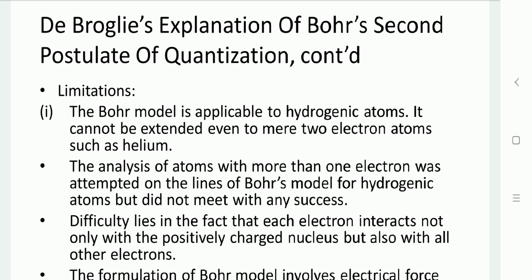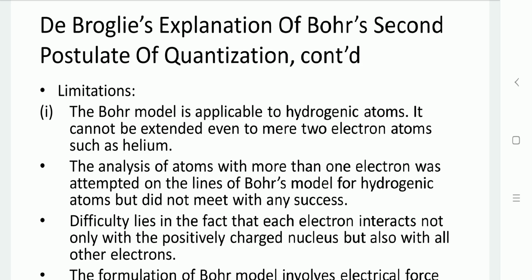Bohr applied the atomic structure to the hydrogen atom, and it can be extended up to the helium atom. For more than 1 electron, the Bohr model cannot be attempted, and we cannot meet any success.